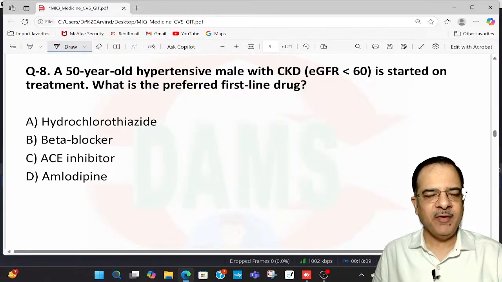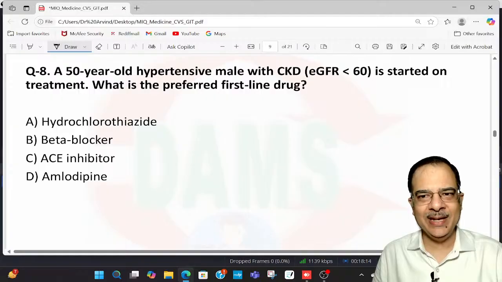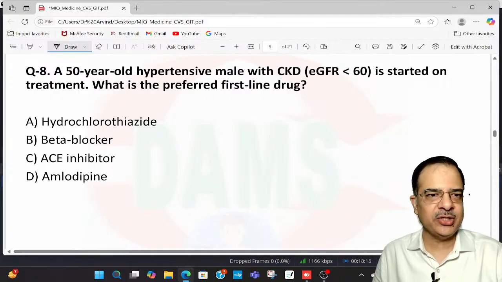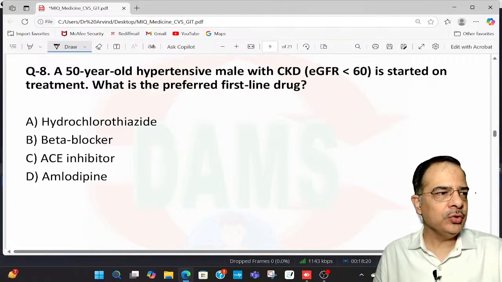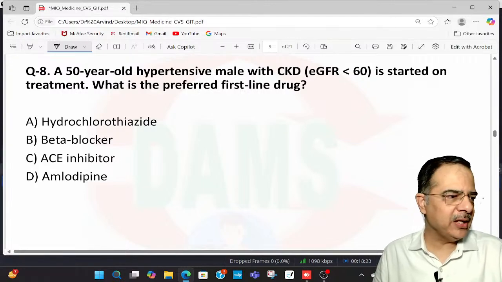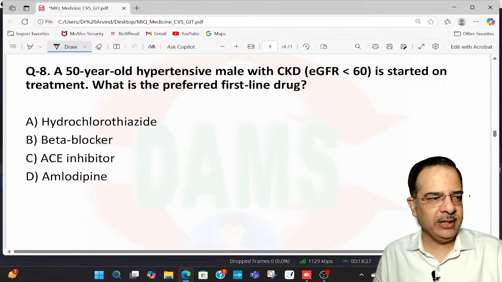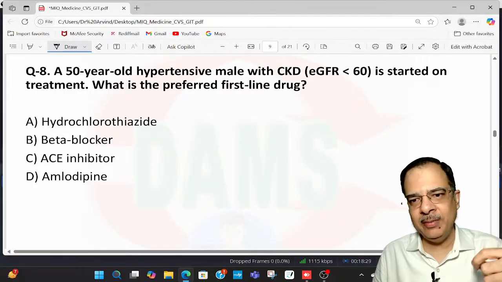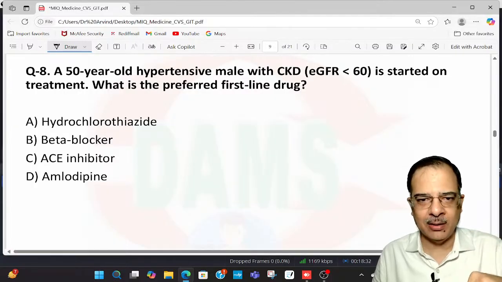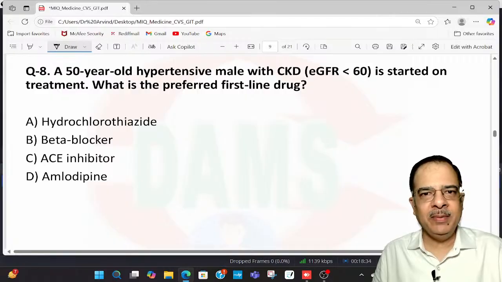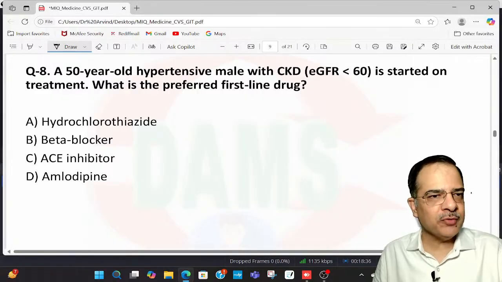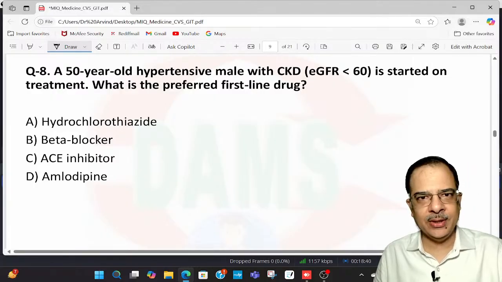If there is valvular disease, then it will ideally be lifelong in India. Otherwise, it will be 10 years or 40 years of age, whichever is longer, in the Western population. But for India, it is lifelong.